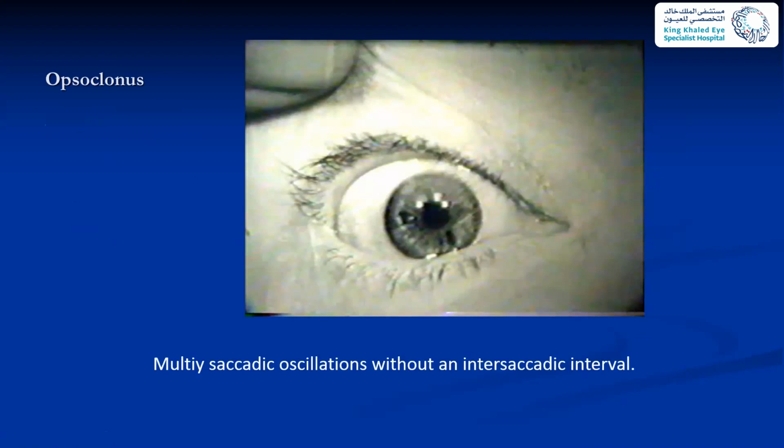Usually with nystagmus, we have something in between, you can see it going down and up, going left to right, pendular. But opsoclonus is multiple saccades without intersaccadic interval. Let us see, and it usually happens in very poor vision or loss of useful vision in one eye. Let us see how it looks.